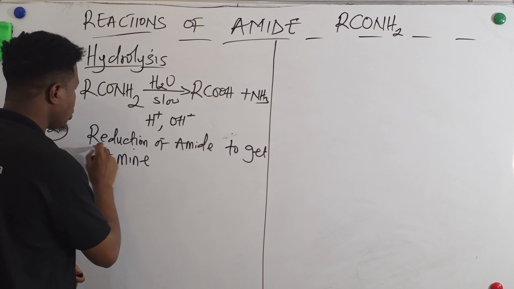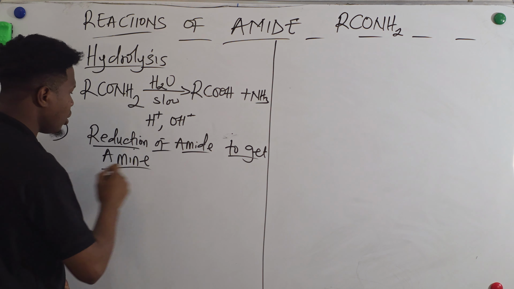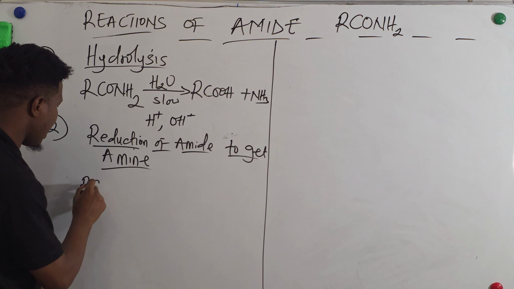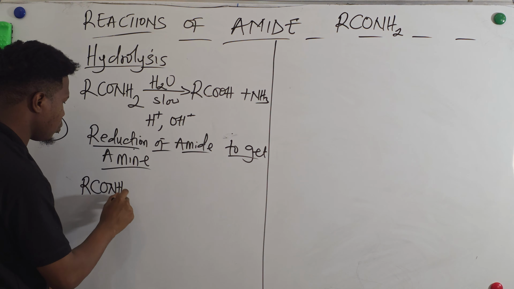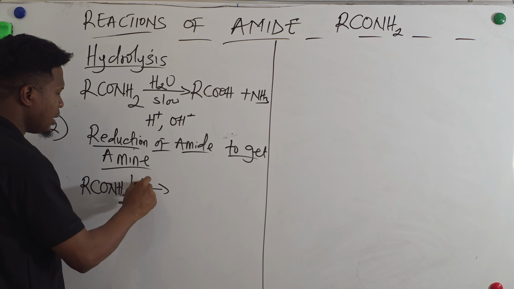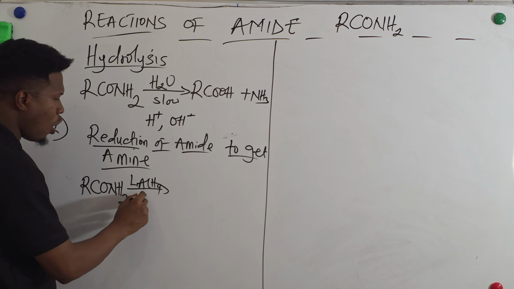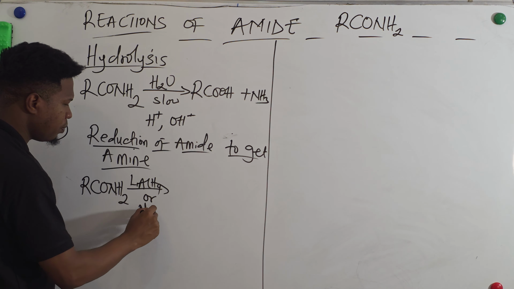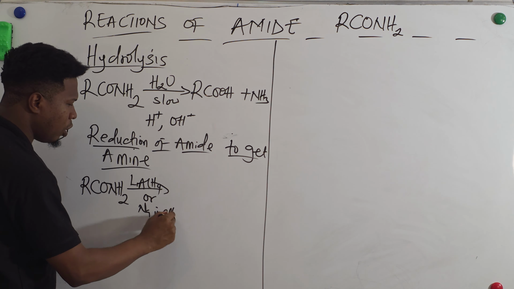So in this reduction process, RCONH2 undergoing reduction with lithium tetrahydroaluminate or sodium and ethanol simply means addition of hydrogen. So we're going to have RCH2NH2.